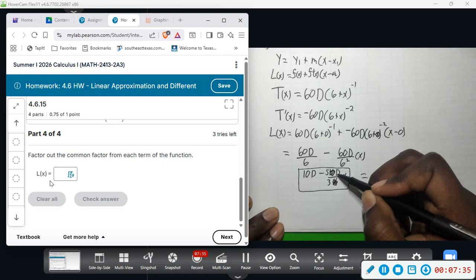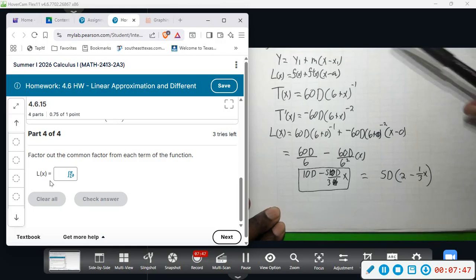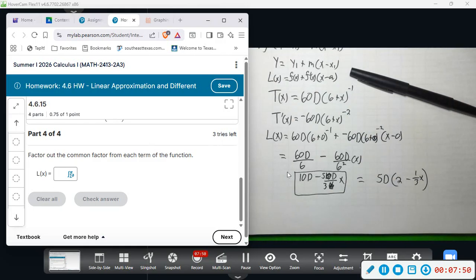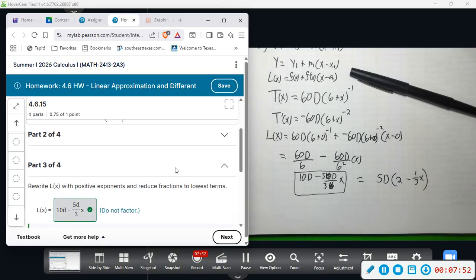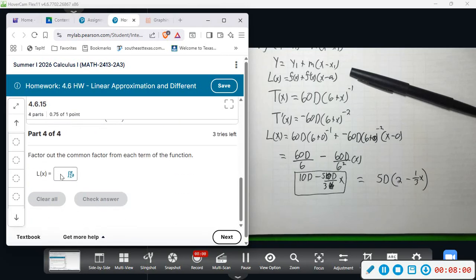This will leave us with minus 1 over 3 x, or x over 3. And that'll be it. I believe that's what they wanted us to prove at the very beginning: 2 minus x over 3. I just got the x to the side, 5d. So we're just verifying that this is the linear approximation function, 5d times 2 minus 1 over 3.